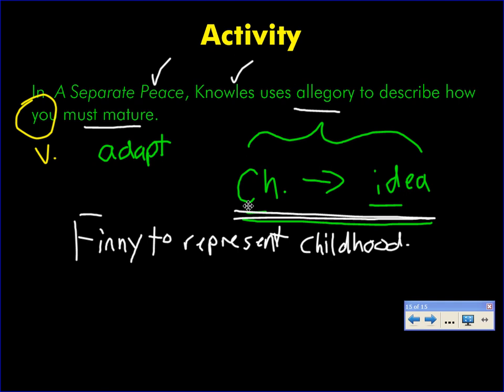Jean and Finney represent. Hold on. You're once again jumping to the theme. All of you want to jump to the theme. In a separate piece, Knowles uses Finney to represent Jean's childhood. Okay, Finney to represent Jean's childhood. I see where you're adding it, and that could work. Here's where I was going.